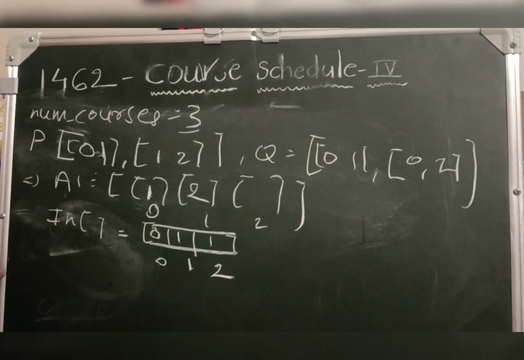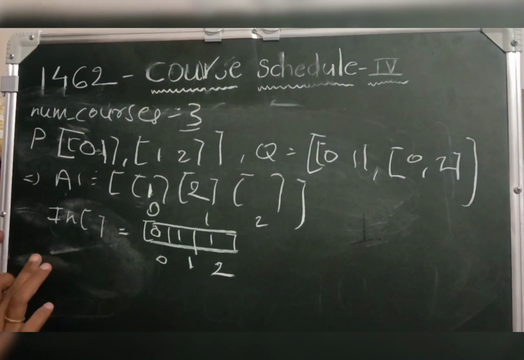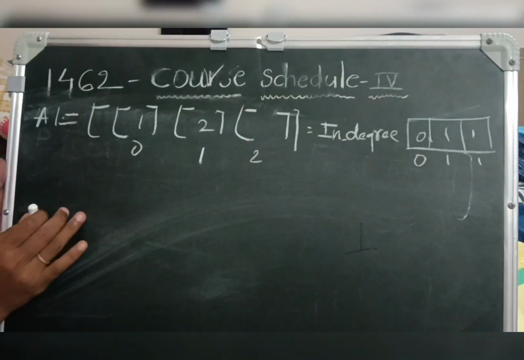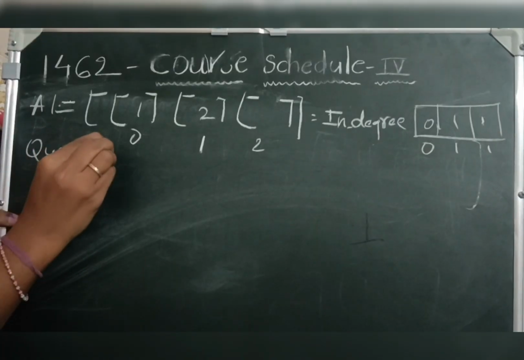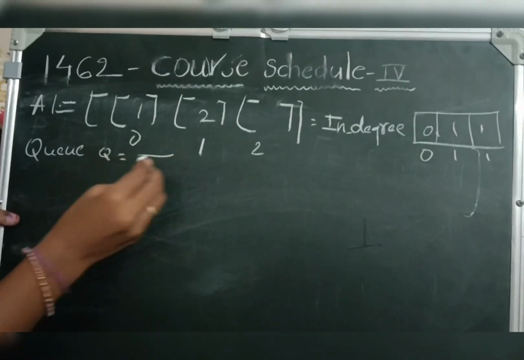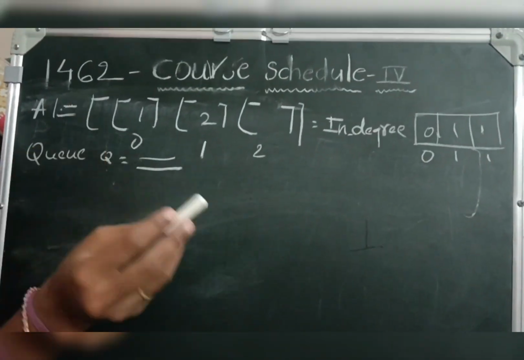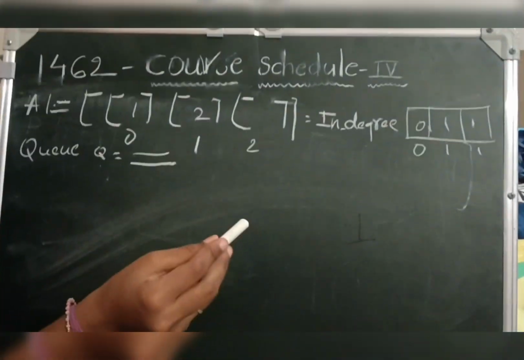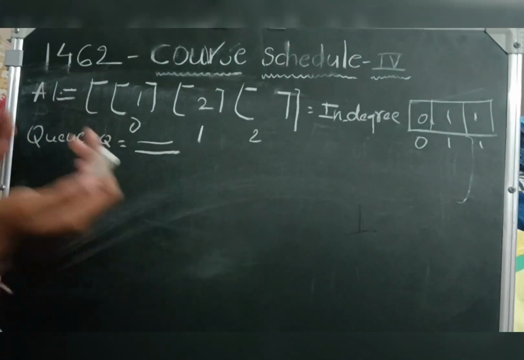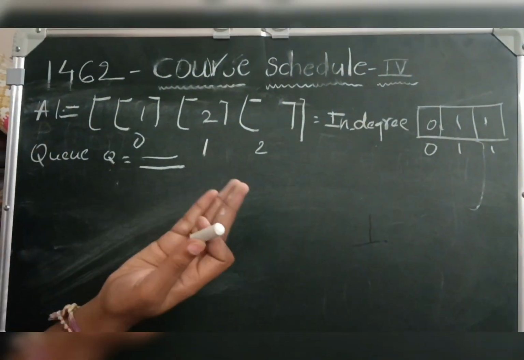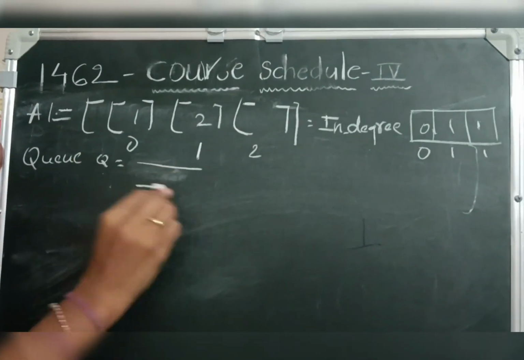For the topological sort, you have to use a queue. Let's imagine it is a queue. We have to push into the queue the vertices whose Indegree is 0, because there are no vertices before them that need to be processed. Here the only vertex with Indegree 0 is 0.